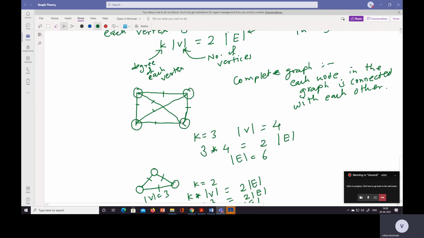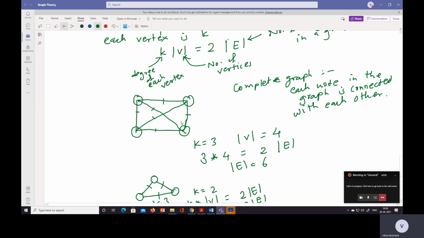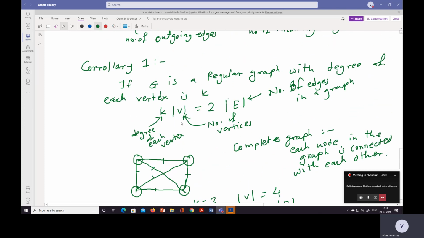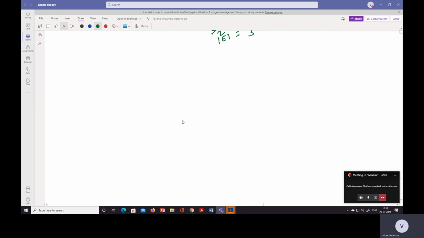Okay, so from this we have understood two concepts. One is complete graph and the other is corollary 1, which is: if G is a regular graph with degree of each vertex k, then k into number of vertices is equal to 2 into number of edges. Okay, then corollary 2.